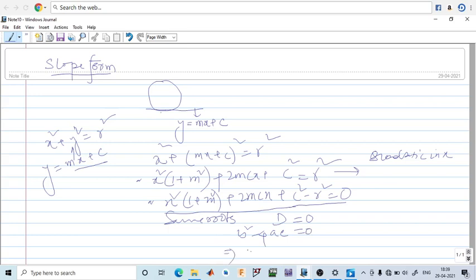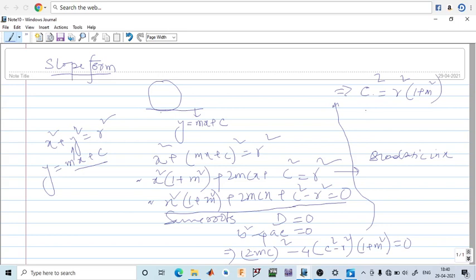If we calculate, we get minus 4 (c square minus r square)(1 plus m square) equals 0. Further calculation gives c square equals r square into (1 plus m square).